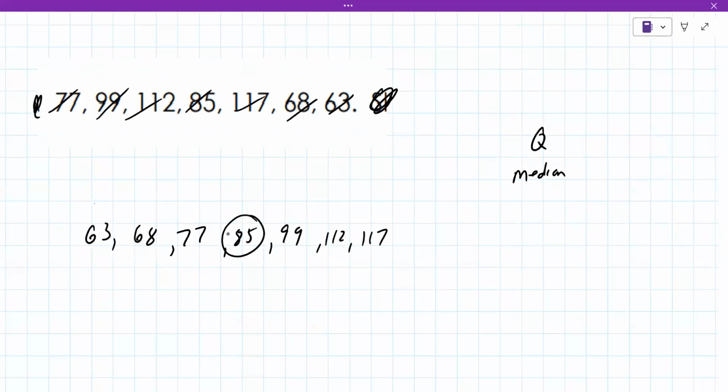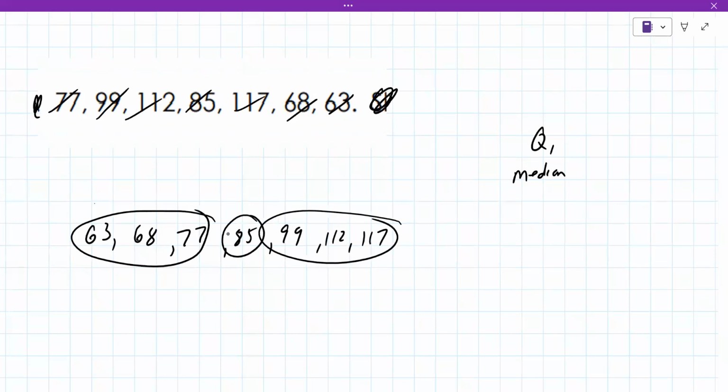Now, for Q1, you have to circle the lower group and the upper group for Q3. This time, though, there is an exact median in here. Oh, so Q1 is 68 and Q3 is 112. Yes, exactly. So this is good.